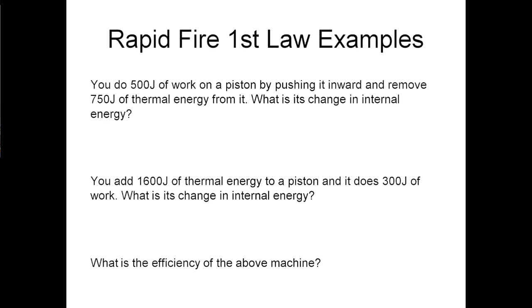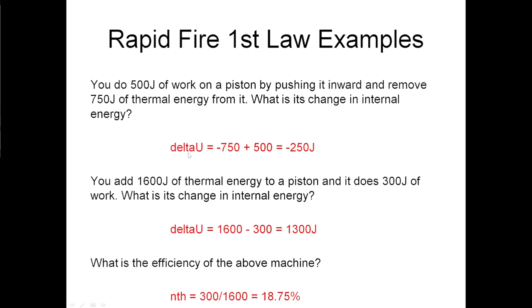And at this same time, the piston's coolant system kicks on and removes 750 joules of thermal energy from the piston. The question then would be, what is its change in internal energy? Now, this is not representative of how things work naturally if left alone. There's mechanisms at play here that are specifically manipulating the energy level of this particular device.